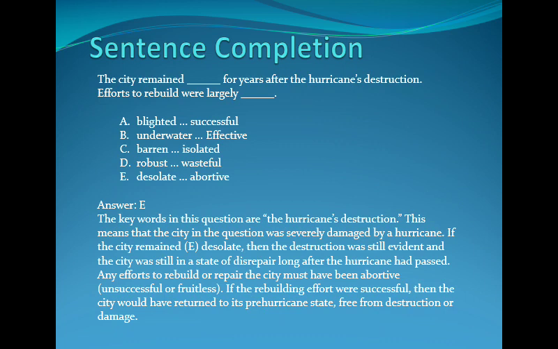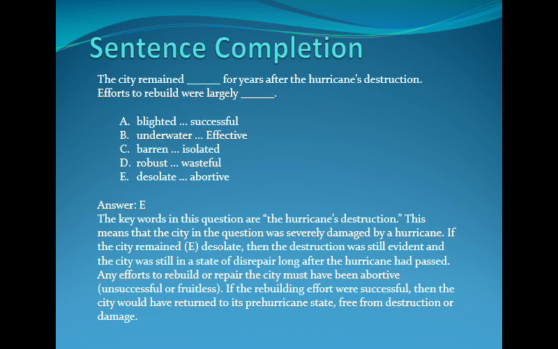The city remained dash for years after the hurricane's destruction. Efforts to rebuild were largely dash. So it's pretty evident that there was a hurricane that destroyed the city. But you can understand from what is given over there that even though they tried to rebuild the city many times, they were unsuccessful.